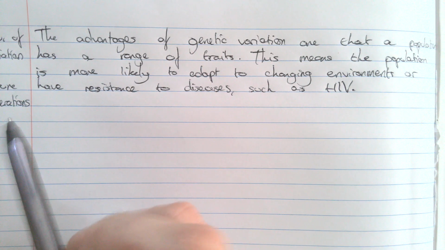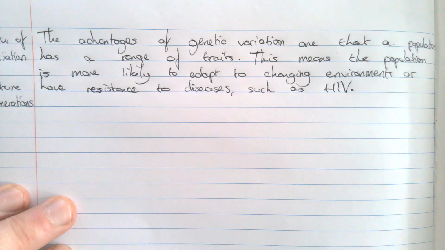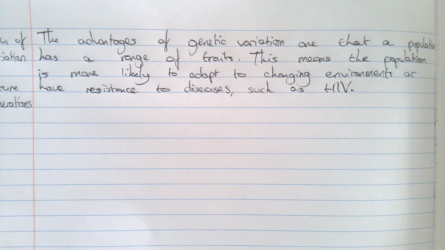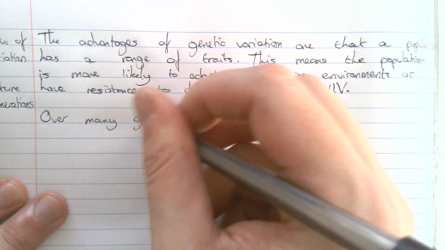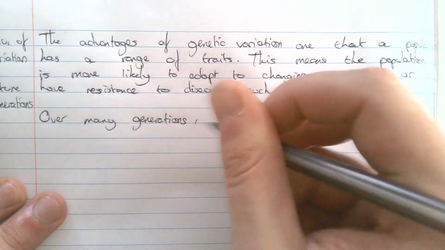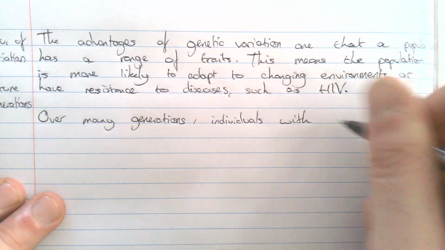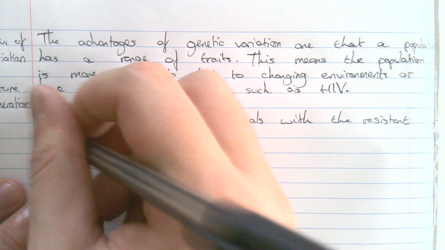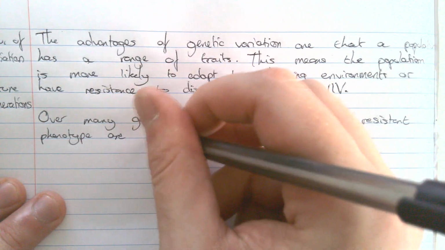Then for future generations, this is where we're going to talk about the natural selection sort of stuff, because the question was asking, how does the gene get passed on to the next generation, leading to genetic variation in the population? So over many generations, individuals with the resistant phenotype are more likely to survive.